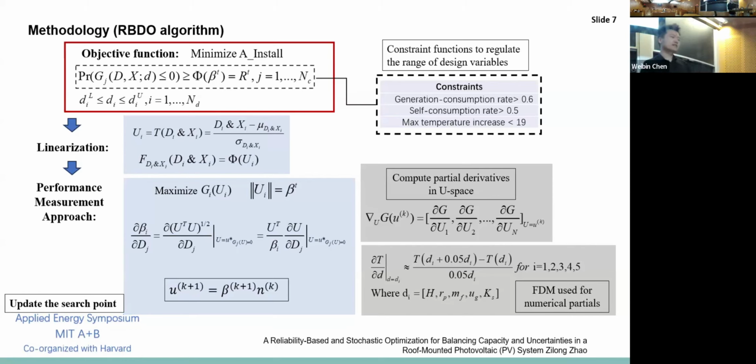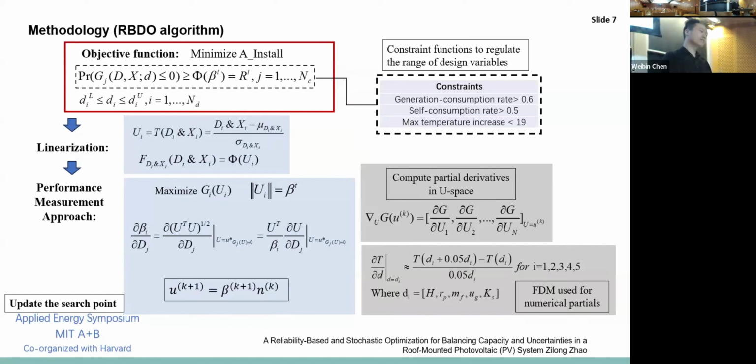After that, there's a linearization from the initial variable space into a standardized normal distribution space. Then the performance measurement approach uses the gradients of beta with regard to each design variable.